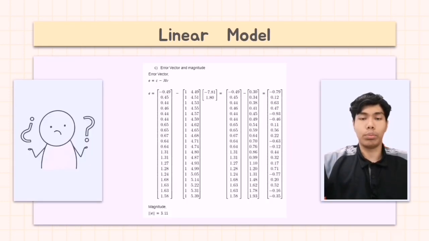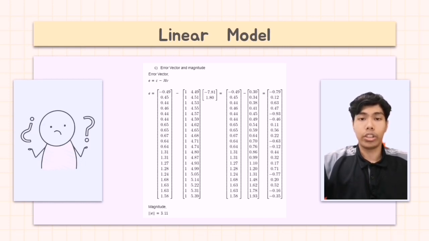After finding the normal equation, you need to find the error vector and the magnitude. To find the error vector, you can use the formula E equals C minus MV. You will get the answer matrix here, which is negative 0.79 until negative 0.35, and the magnitude of error, which is 3.11.